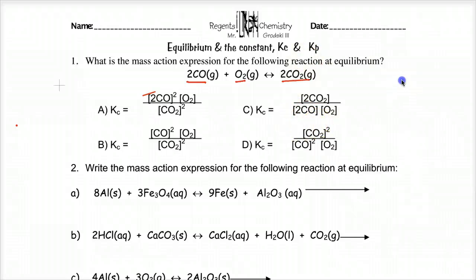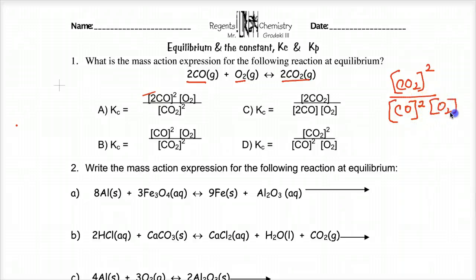That would be CO2 is the products to the second power, that coefficient becomes the exponent, it's an elementary step, and the reactants, CO, it's a bracket to show concentration, it's a rate law, and O2. Of course, that would be choice D. That's all.